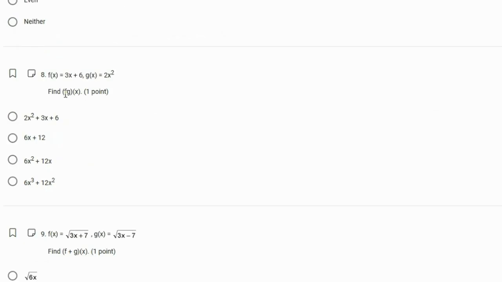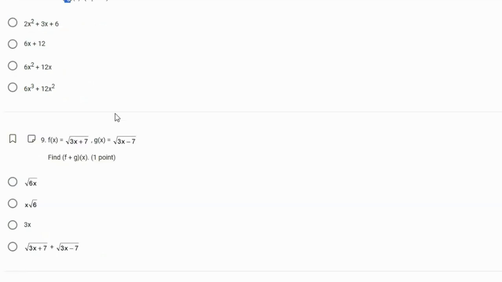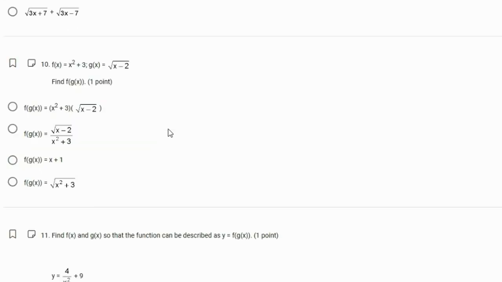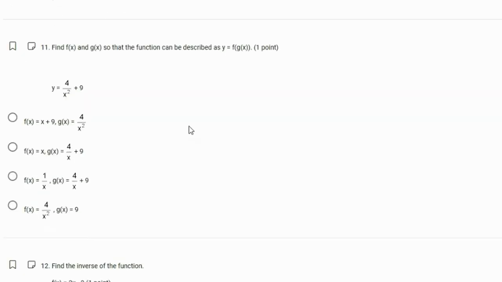Find f times g of x. Multiply those together. F times g. Find f plus g. Add these two together. F of g. You substitute g into f and then simplify. Find an f and a g so that when you substitute g into f, it looks like this.